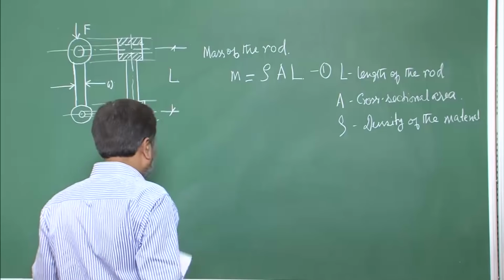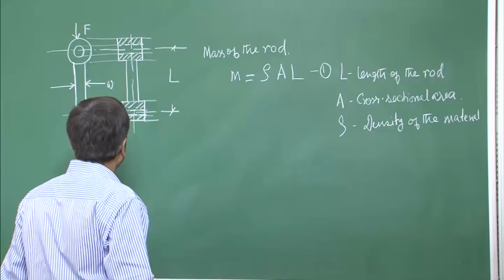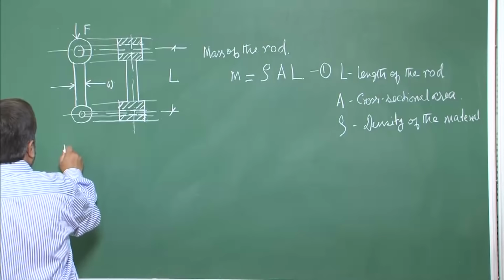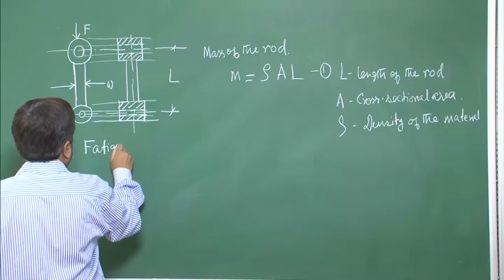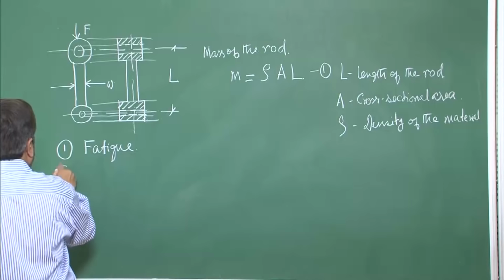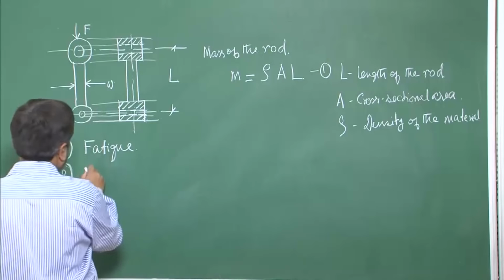Now we have two constraints in this case. What are the two constraints? Number one is fatigue, and number two is buckling.